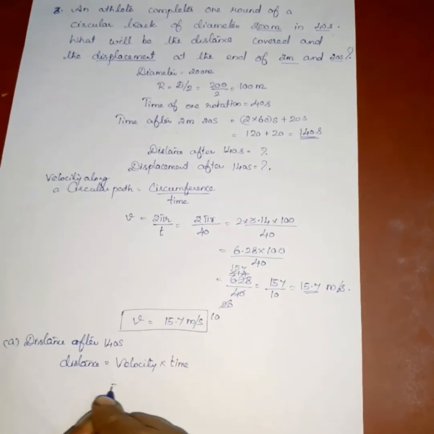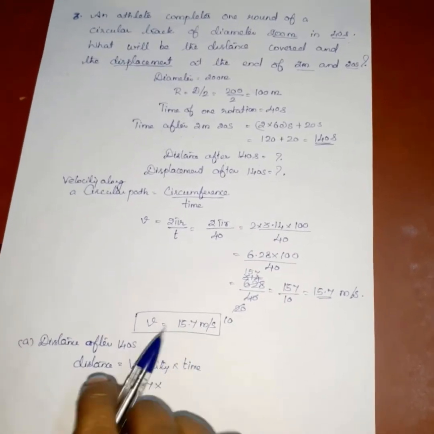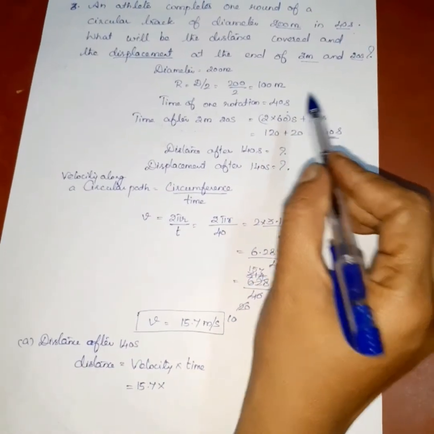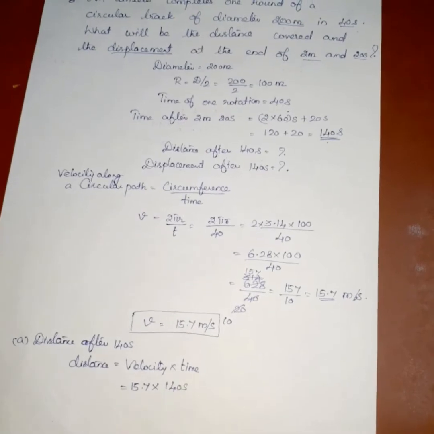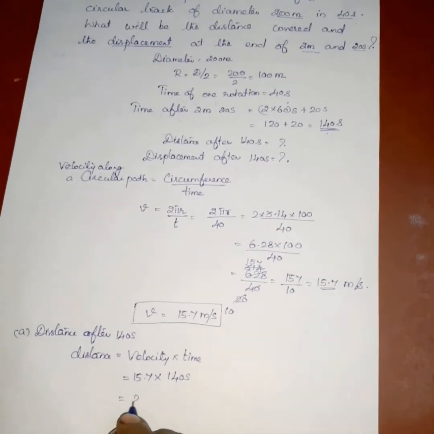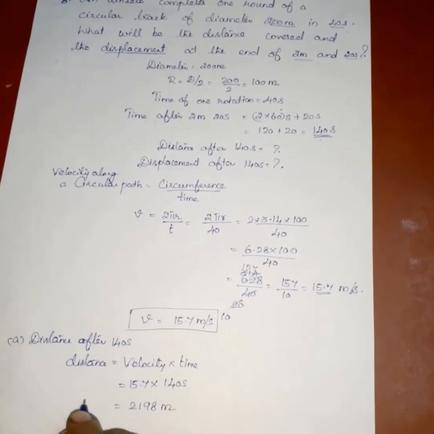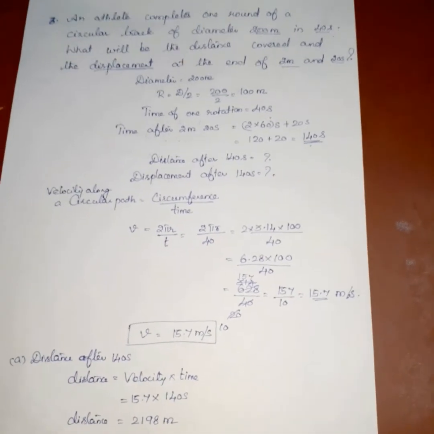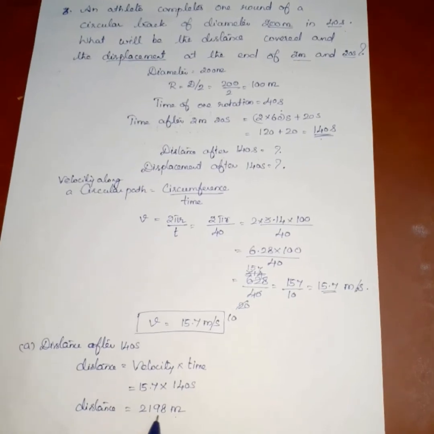So what's the velocity? 15.7 into time. How many seconds? 140 seconds. Okay. So you multiply, the value is 2198 meter. What is the unit of distance? Meter. So distance is equal to 2198 meter.